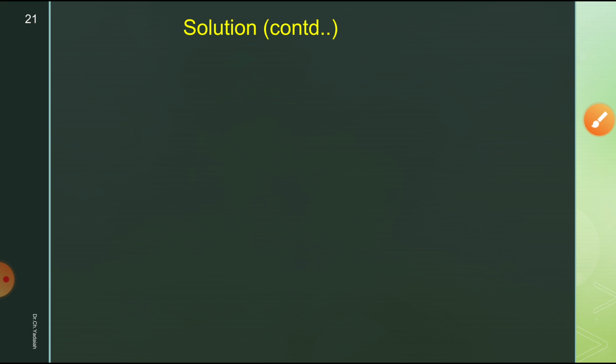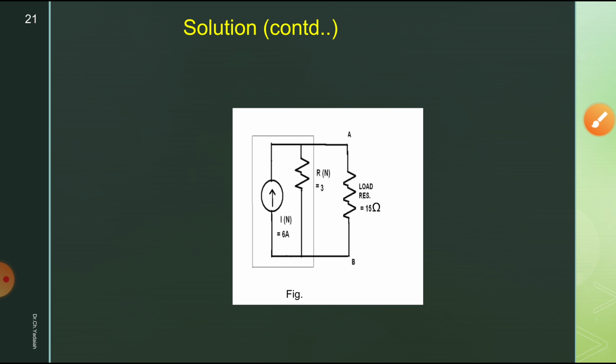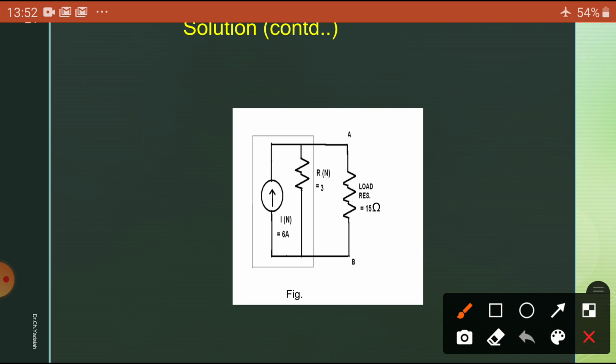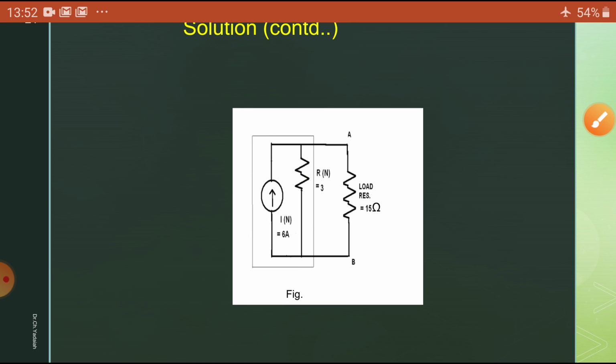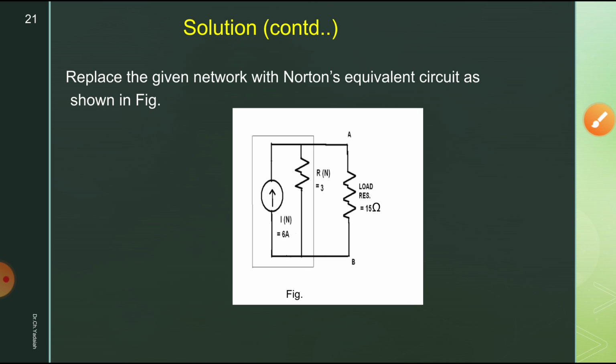Now you can see the total circuit represented: a current source of 6 amperes with a resistance of 3 ohms. But with Norton's theorem you have to connect the current source with the resistance in parallel. So this is the complete equivalent circuit. Replace the given network with the Norton's equivalent circuit as shown in the figure.